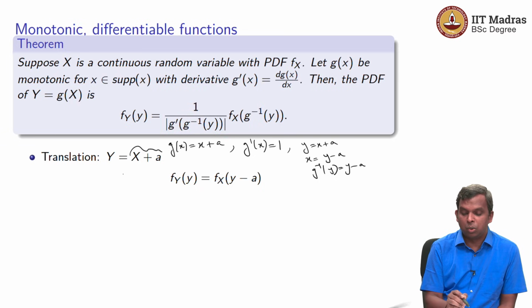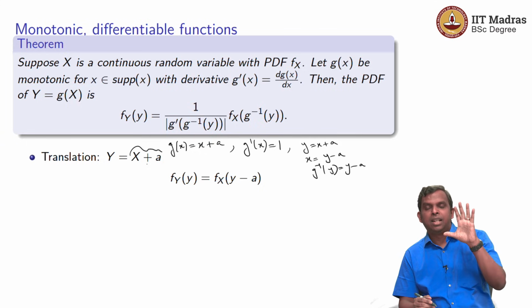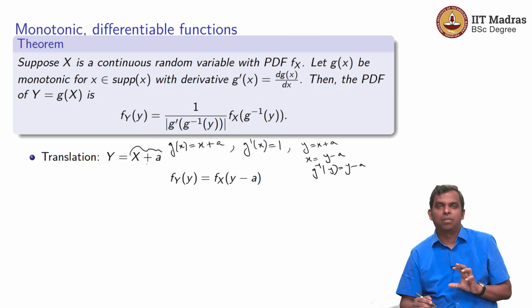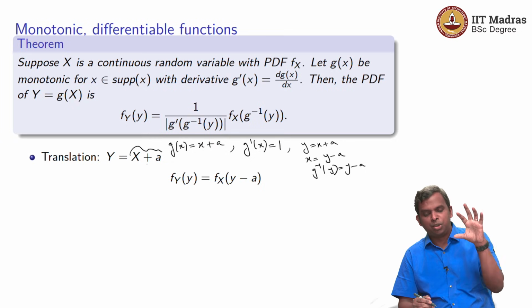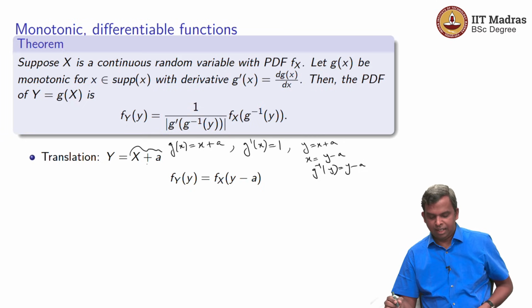You can see why that is true. If you have a certain distribution for x, and y is just x plus a, it is just the PDF shifted to the right by a. You take the original PDF, shift it to the right by a, and you get the new PDF for y. So translation is very easily dealt with using this formula.